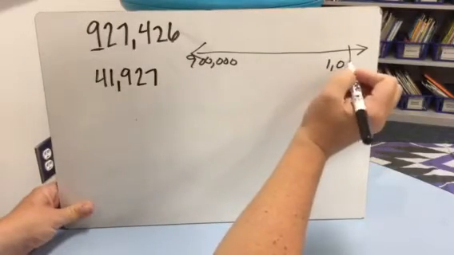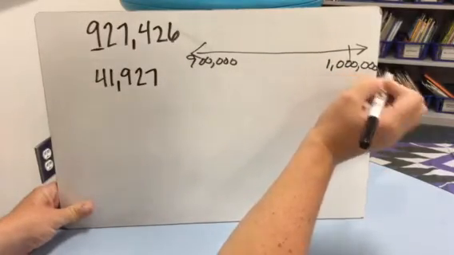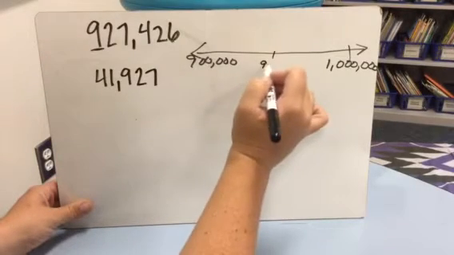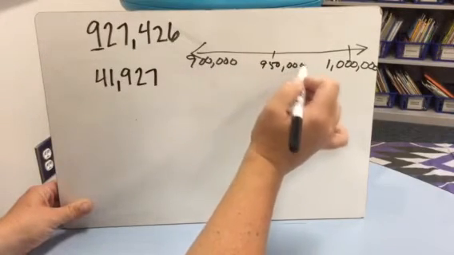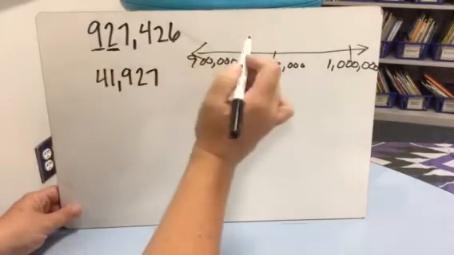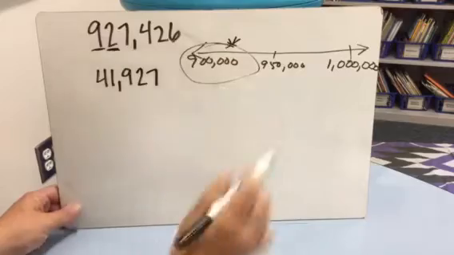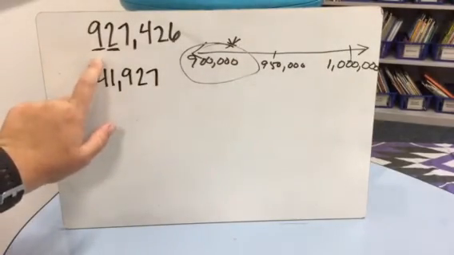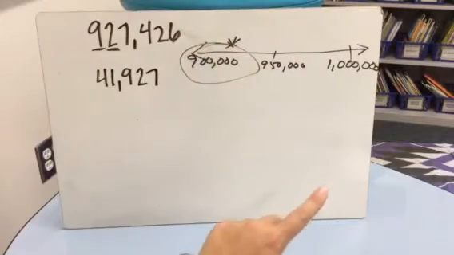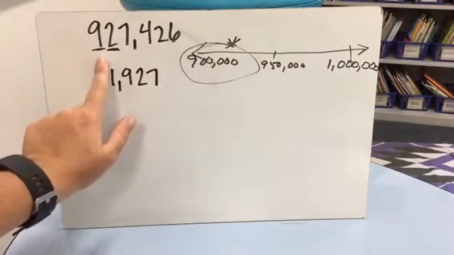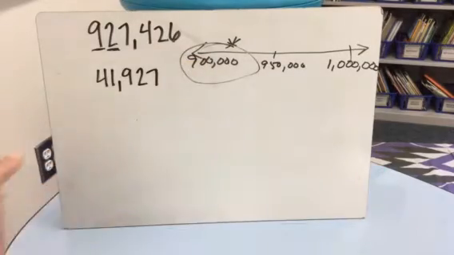Here, the next group of 100,000 is a million. So then my midpoint would be 950,000. And my number has less in this place value, so it would be somewhere around here, so I would round down. So this can be tricky sometimes when you're needing the next benchmark and it's a 9. Think about the next place value. You wouldn't say 10 hundred thousands. You would say 1 million.